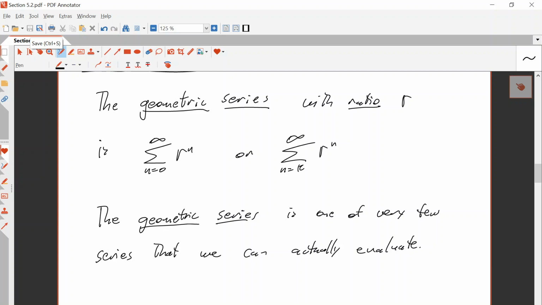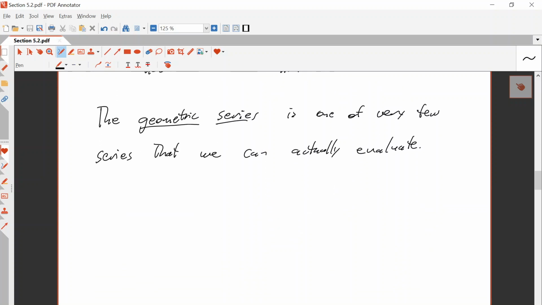In chapter 5, there's only 2. Geometric series is one of them. The other one is the telescoping series. Only 2 types: geometric and telescoping, in chapter 5. In chapter 6, we'll get a few more, but those have to do with the elementary functions, sine, cosine, e to the x, square root of x, and things like that. So the geometric series is one of very few series that we can actually evaluate.